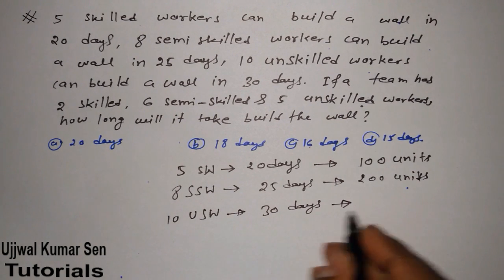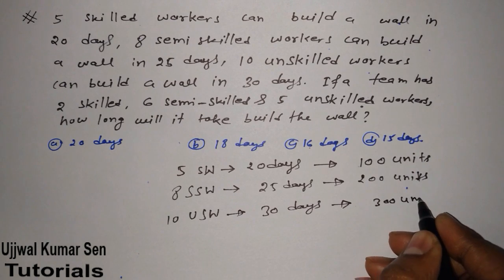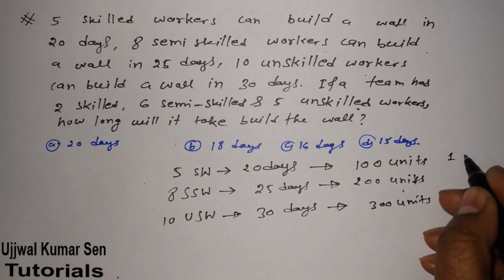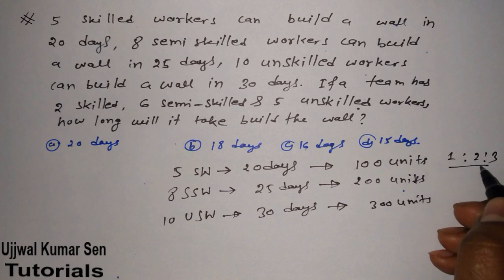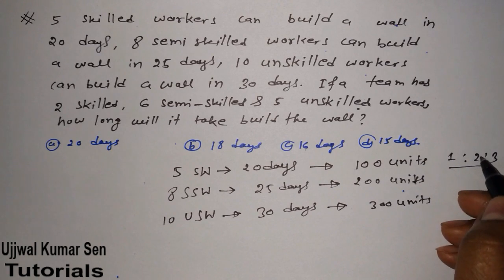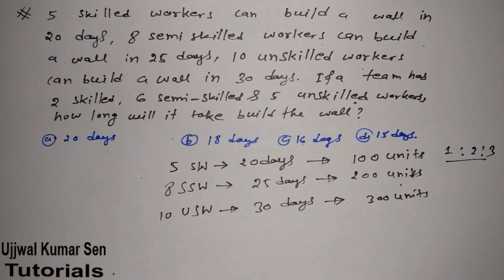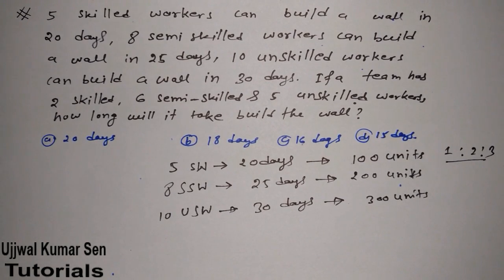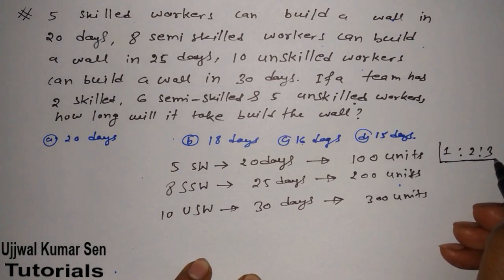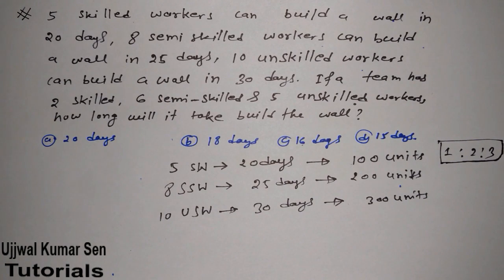So their work ratio is 1:2:3 for skilled, semi-skilled, and unskilled. Their proficiency is basically 1:2:3. Finding this ratio is most important to solve the problem.